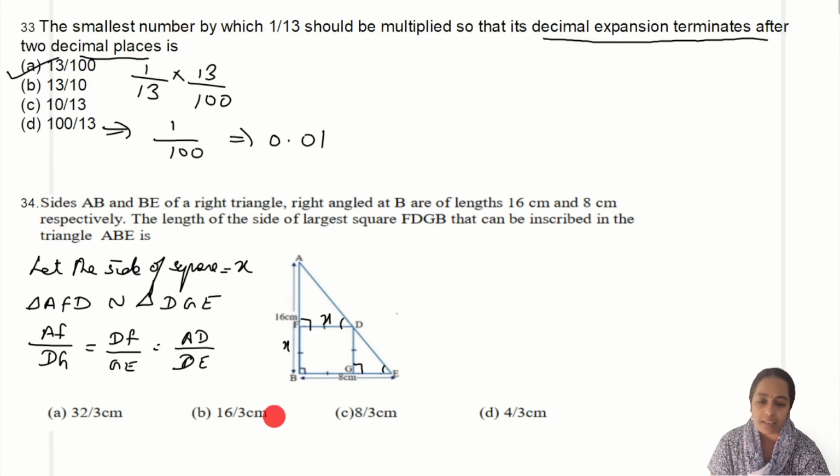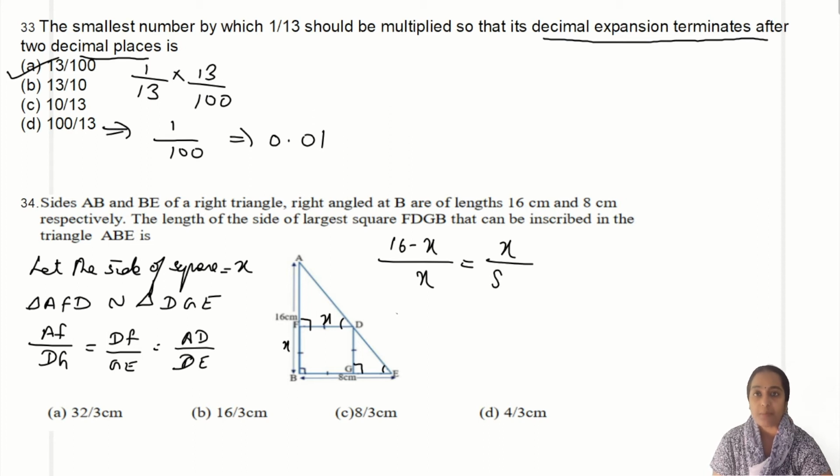DG is the side of the square, which is going to be X itself. So AF is 16 minus X and DG is X. What is DF? DF is again X. What is GE, children? GE is 8 minus X. So I have DF, which is X, divided by GE, which is going to be 8 minus X.